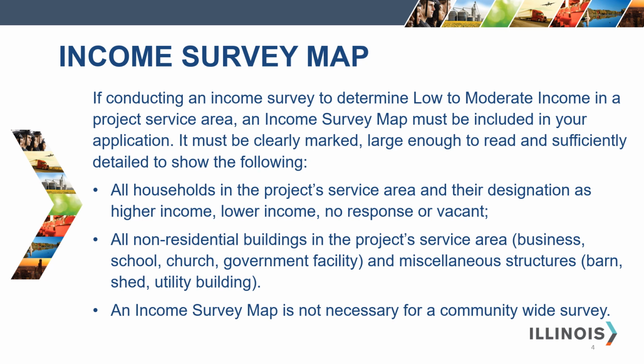You must also identify all non-residential buildings in the project service area. Non-residential buildings can include businesses, schools, churches, government buildings, barns, sheds, and utility buildings. An income survey map is not necessary for a community-wide survey.